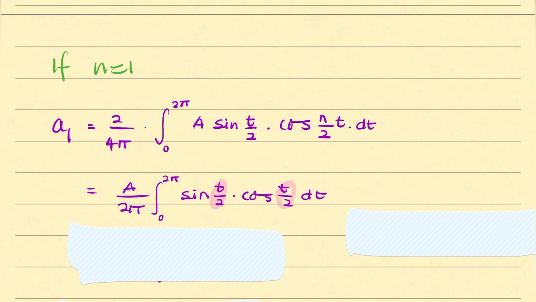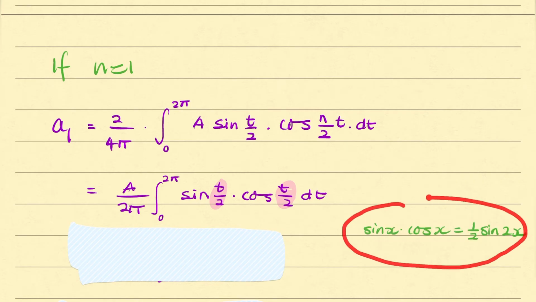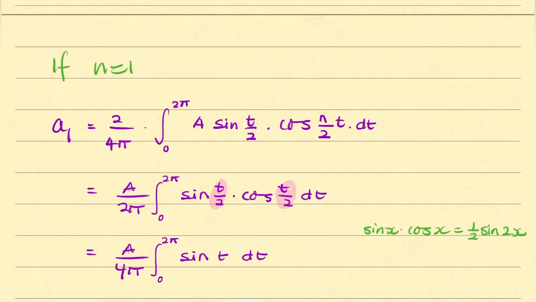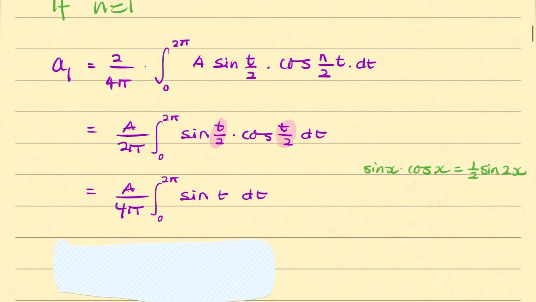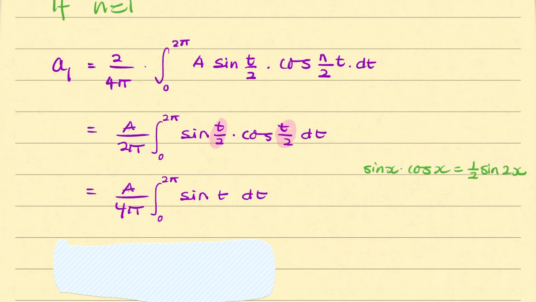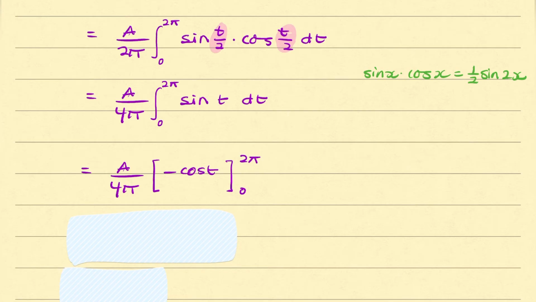And because these are the same, we can then use a separate identity, the double angle identity, where sine cosine is simply half sine of twice the angle. And that's easier to deal with because we don't have to divide by 1 minus n. So sine of t over 2 twice the angle will give us sine t, and the integral of sine is simply minus cosine. So that's looking much easier.